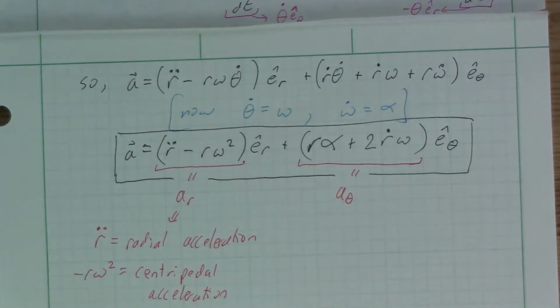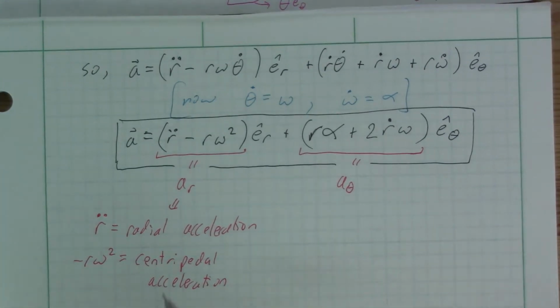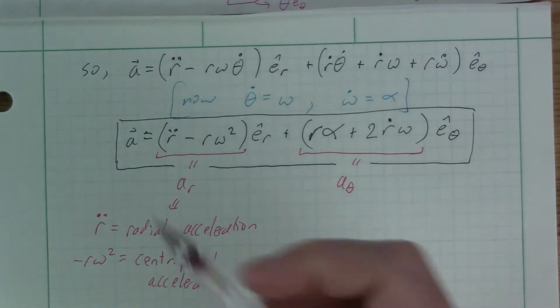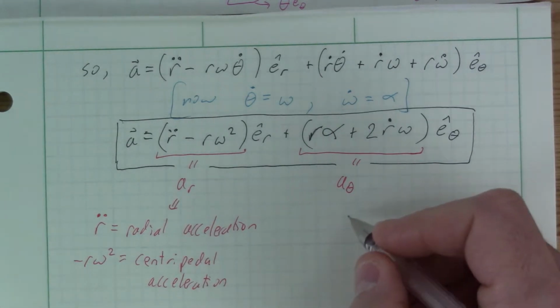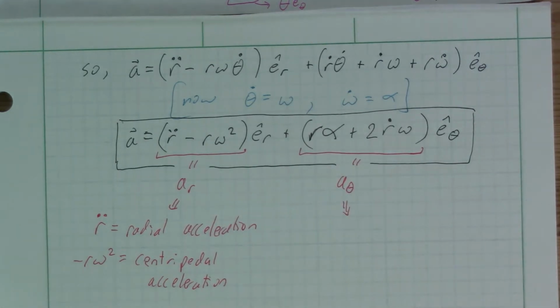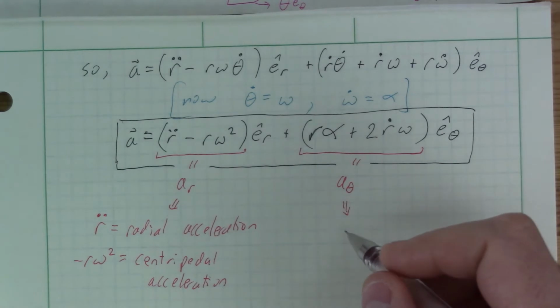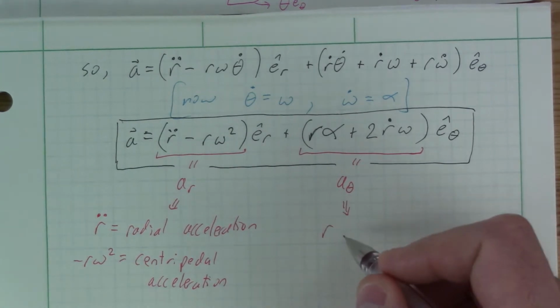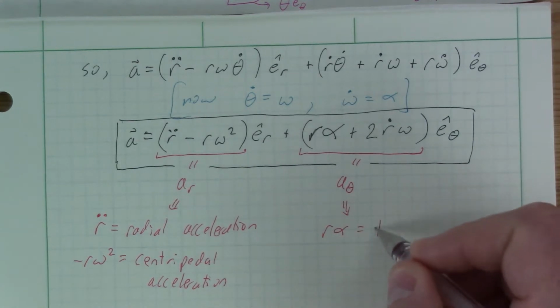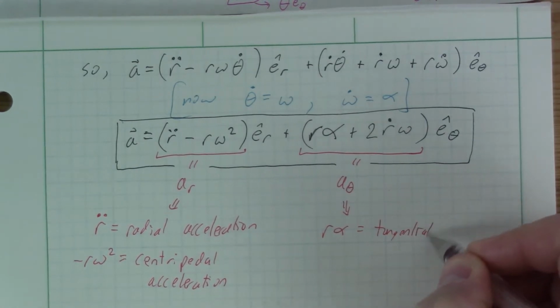Okay, so if there's some sort of angular velocity here, we get a centripetal acceleration. The two terms over here on the angular side, we have an r alpha. This is tangential acceleration.